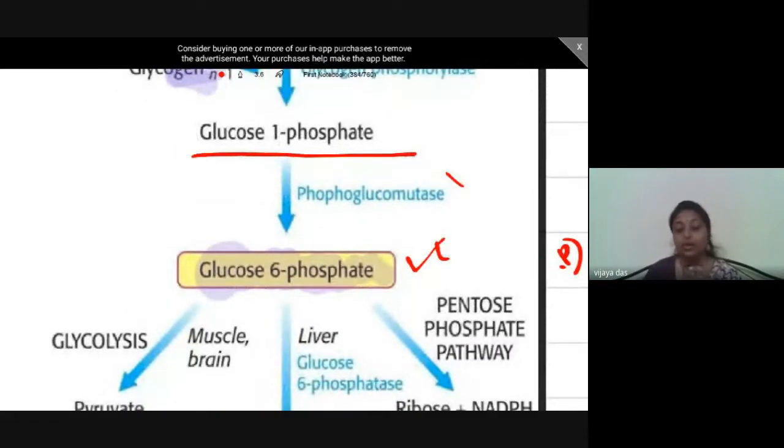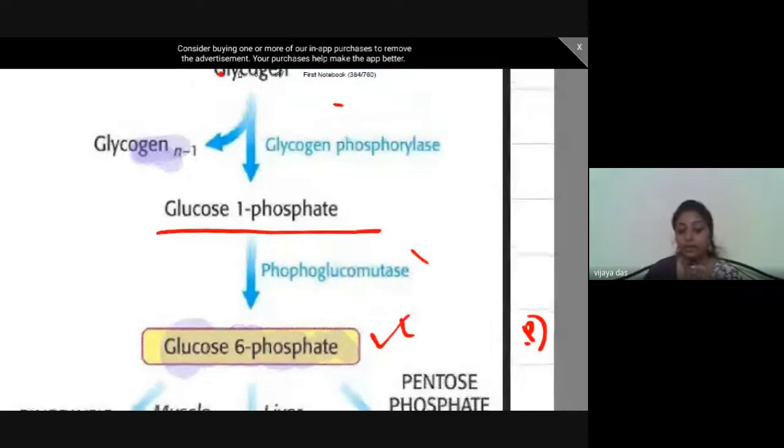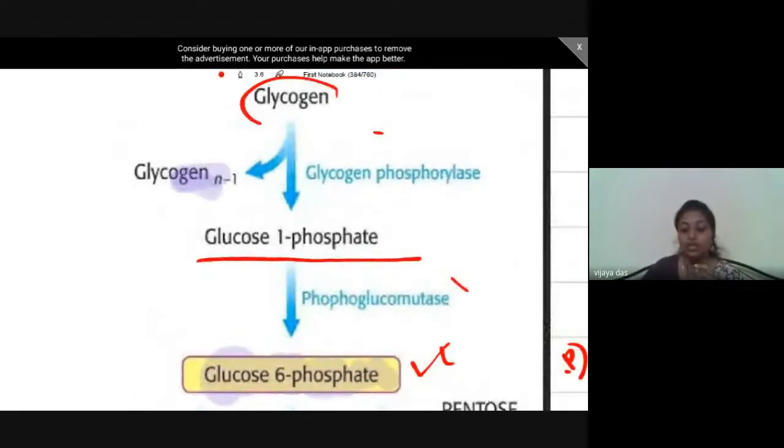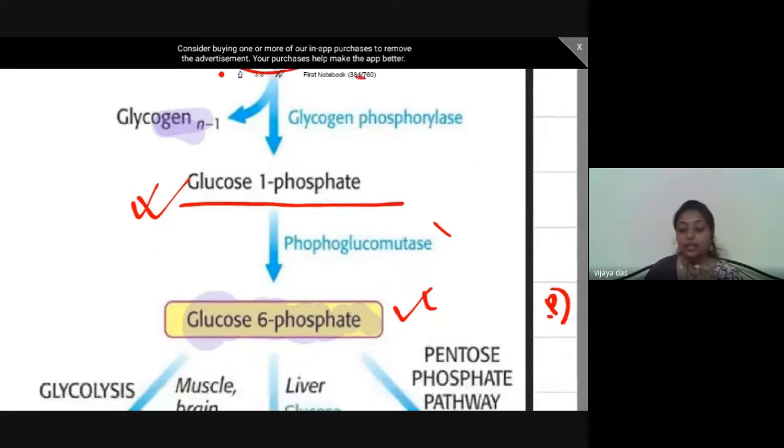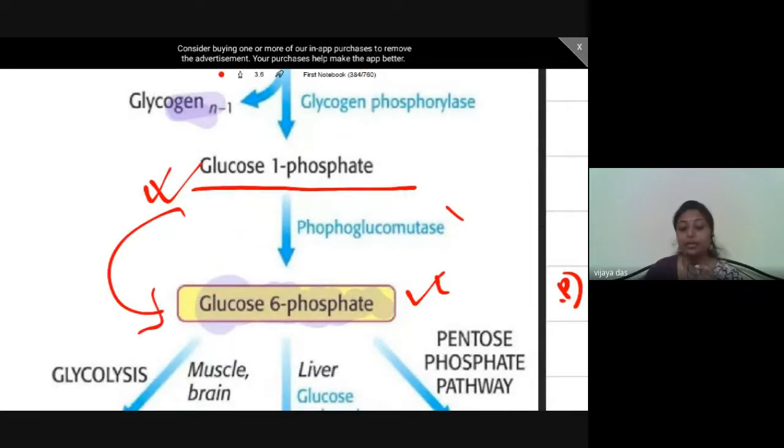Now, when the glycogen is broken, what is happening? The glycogen first gives rise to glucose 1 phosphate. Why? Because we learned that in the chain there was C1 and C6 present. So when you break the glycogen, you get glucose 1 phosphate, and then this glucose 1 phosphate is converted back into glucose 6 phosphate. Which means if you are learning about glycogen synthesis, then the process diverges from glucose 6 phosphate.